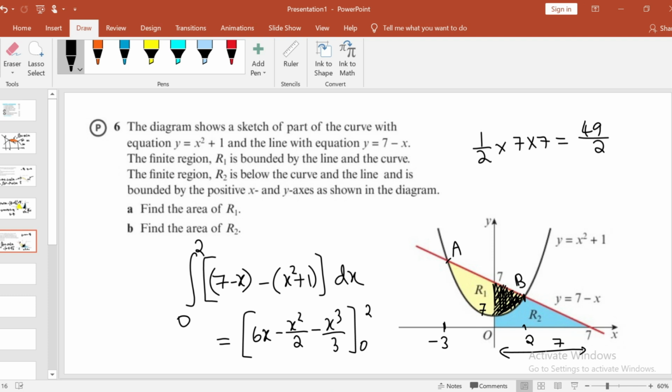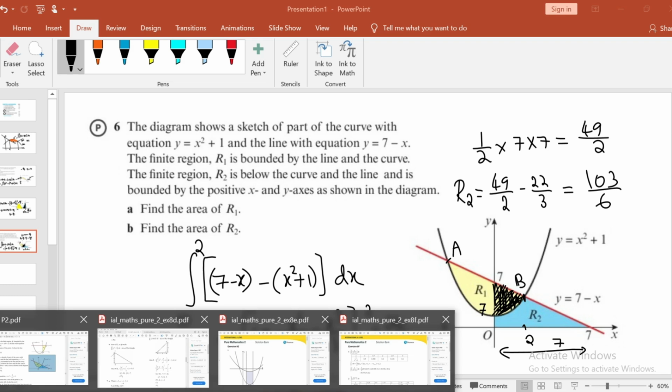That's going to be 6 times 2, so 12, minus 2 squared by 2, which is 2, minus 8 over 3. You should get 22 over 3. So the area R2 is equal to the area of that bigger triangle minus 22 over 3, which is 103 over 6. 103 over 6 is the right answer.